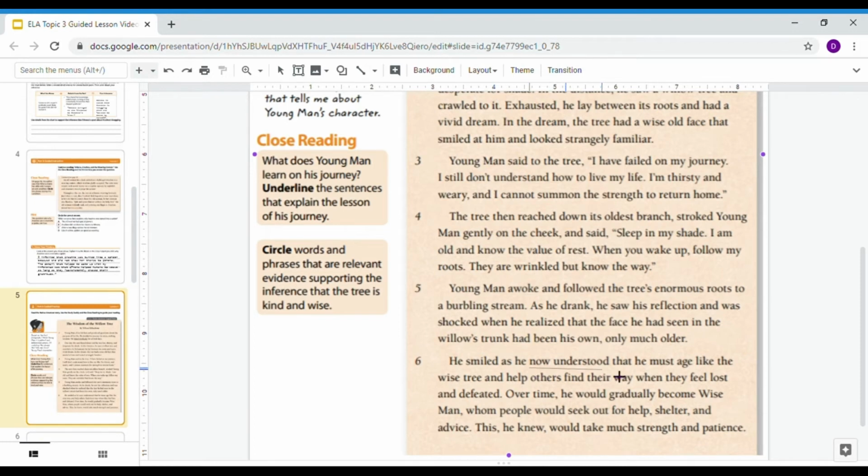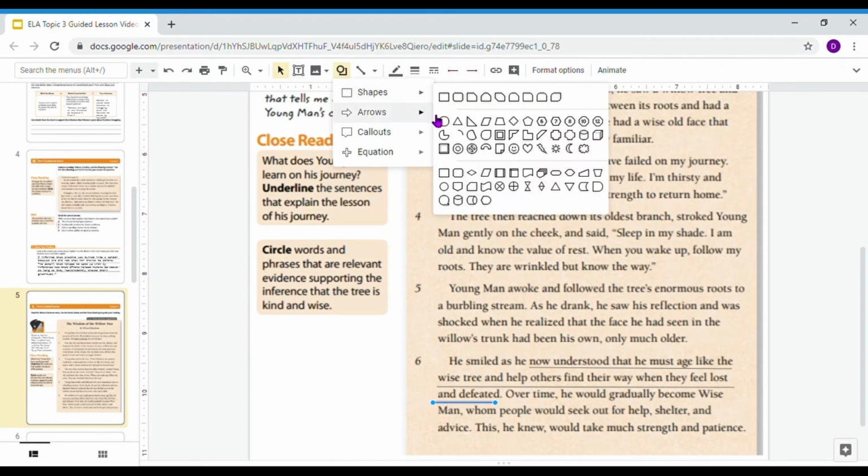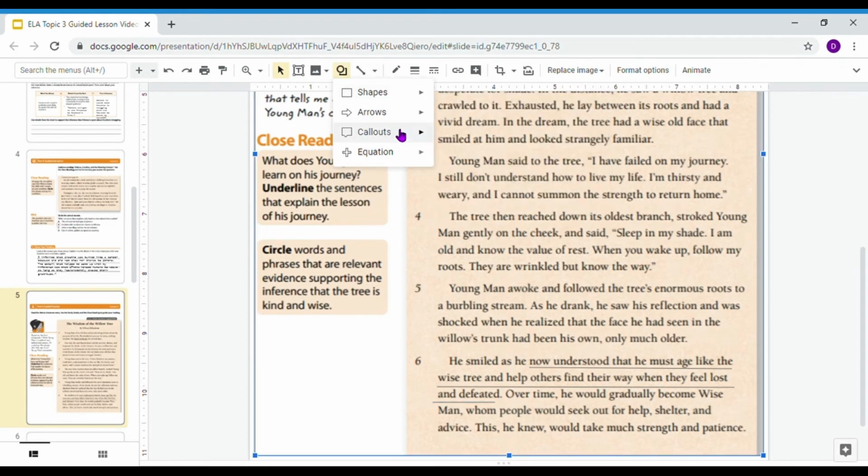He now understood that he must age like the wise tree and help others find their way when they feel lost and defeated. I think that sentence right there really explains the overall lesson, not necessarily why he went out there, but the lesson that he learned from being out there.